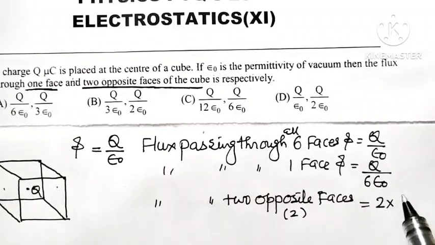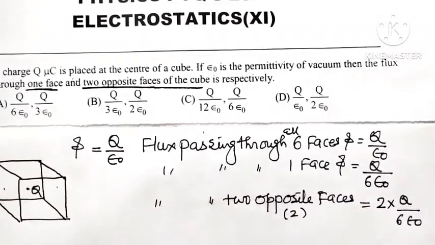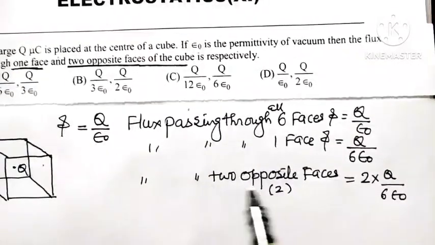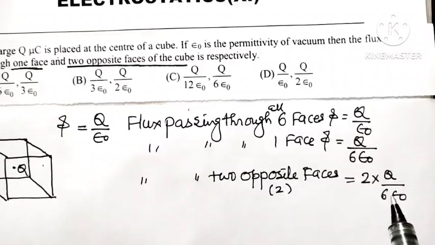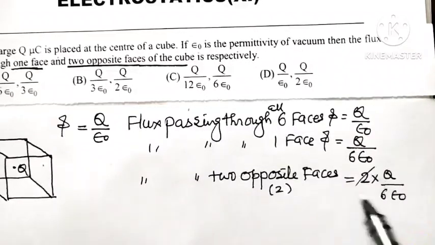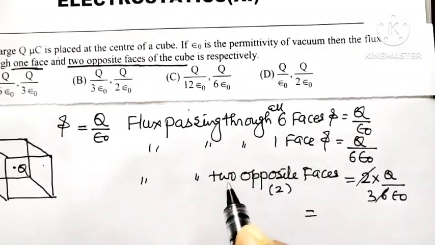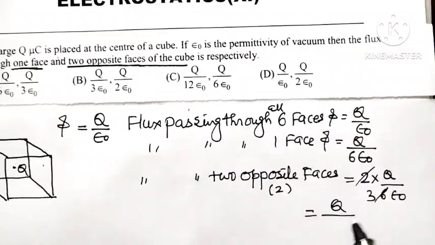What is the flux passing through one face? It is q divided by 6 epsilon 0. The flux passing through two opposite faces is nothing but 2 times the flux through one face. So, here 2 ones are 2, 2 sixes are 3, hence the flux passing through two opposite faces is q divided by 3 epsilon 0.